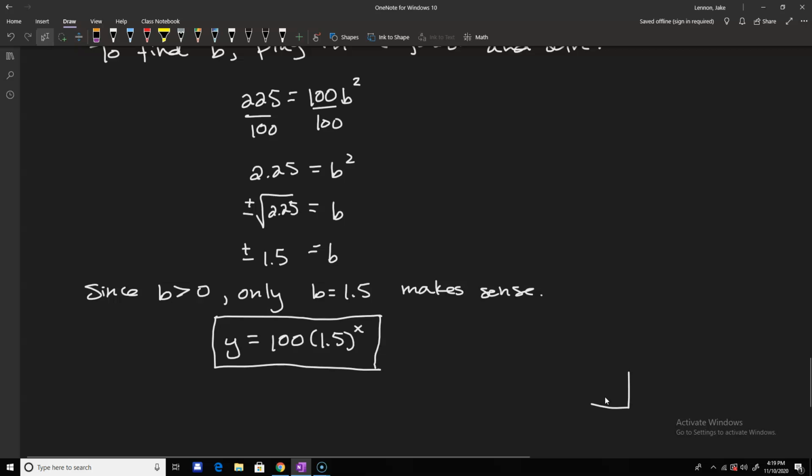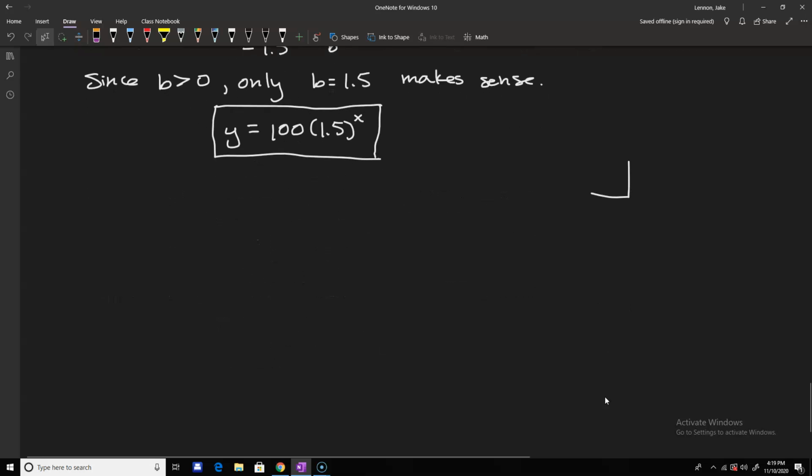Let's do one more, where we try to find the equation of the exponential function, but this time we don't have the y-intercept as one of those 2 points.